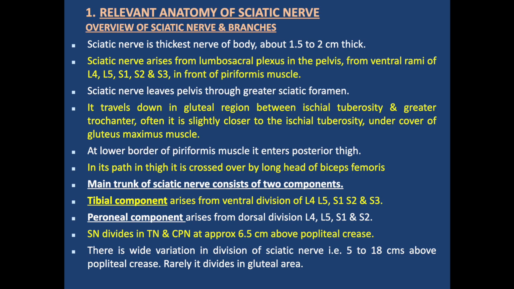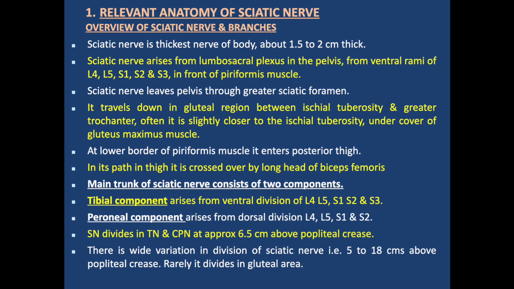At the lower border of piriformis, it enters the posterior thigh. In its path in the thigh, it is crossed over by the long head of biceps femoris muscle. Main trunk of sciatic nerve consists of 2 components. Number 1, tibial component arises from the ventral division of ventral rami of lumbar 4, lumbar 5, sacral 1, 2, 3 nerves.